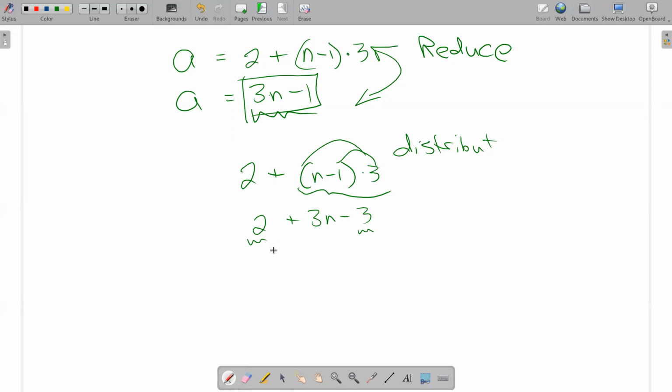So I could rewrite this to say this is really 3n minus 3. I can put the plus 2 over here because it doesn't matter what order you add. And then if I have a loss of 3 and a gain of 2, that means altogether I'm just down 1. So there's my 3n minus 1. So it turns out I can use less ink to use the first formula, meaning it's going to give me the same results as the second one.